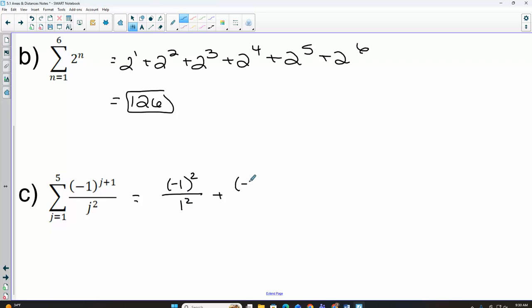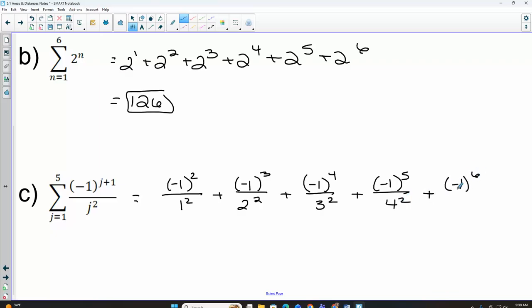Okay, if I plug in a 2 for my j, I get negative 1 to the 2 plus 1 is 3, over 2 squared. Plug in a 3, I get negative 1 to the 4th over 3 squared. If I put in a 4, I get negative 1 to the 5th over 4 squared. And if I put in a 5, I get negative 1 to the 6th over 5 squared.